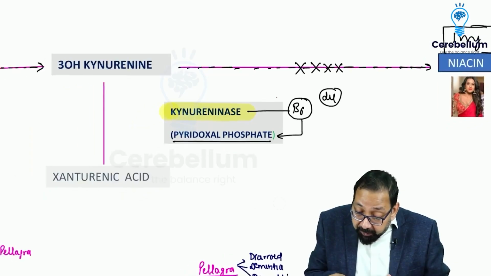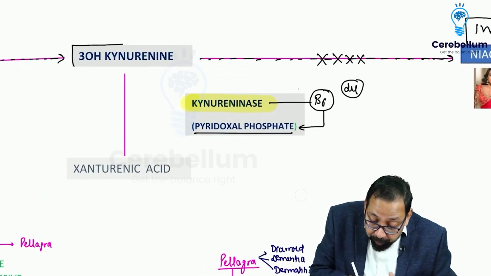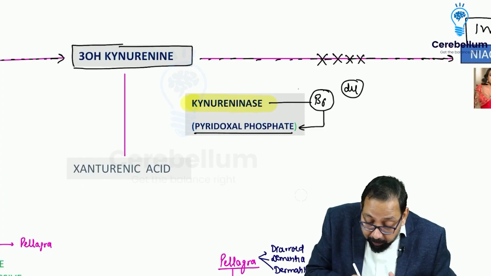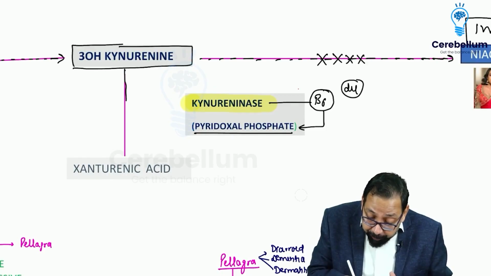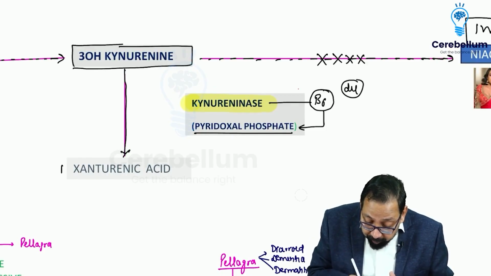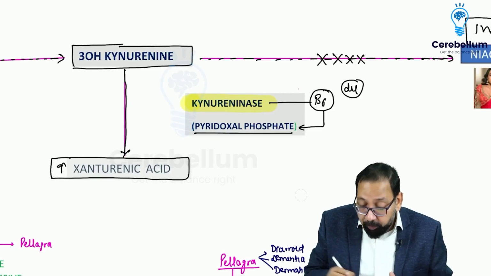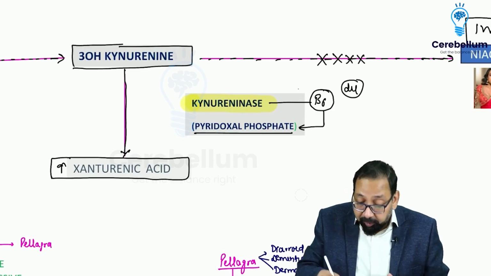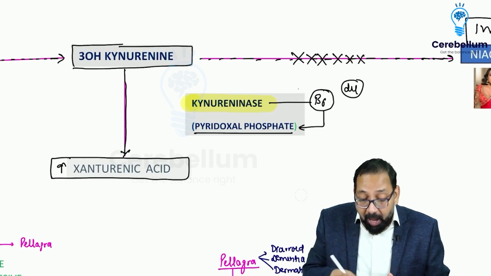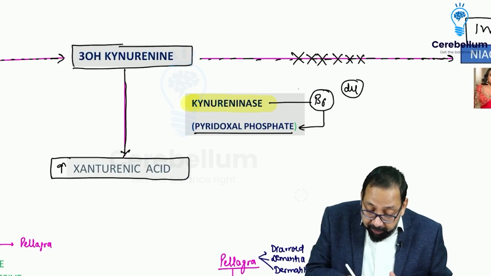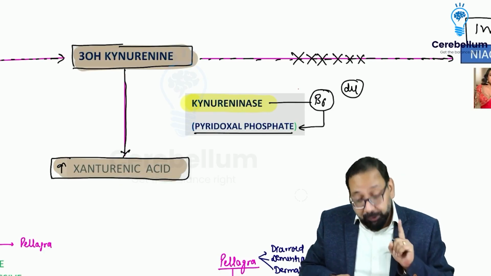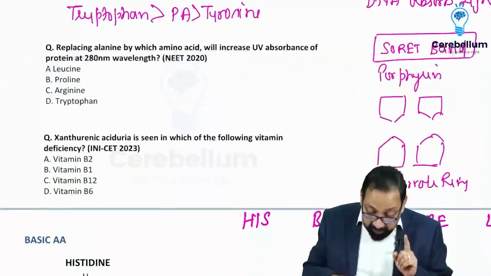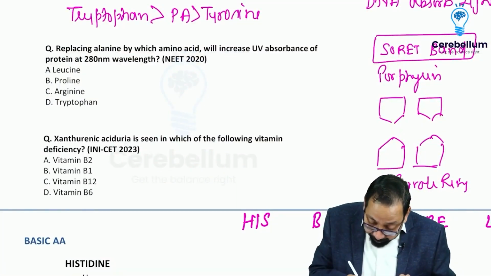So when B6 is deficient, this 3-hydroxykynurenine will increase and will be diverted towards synthesis of xanthurenic acid. So xanthurenic aciduria. Question is asked that B6 deficiency leads to xanthurenic aciduria.